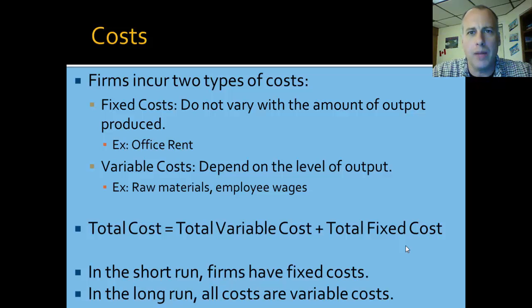In the long run, McDonald's can, of course, adjust the number of workers that they bring in and the number of store locations that they have. So in the long run, all costs are variable. You can adjust the level both of labor and capital.